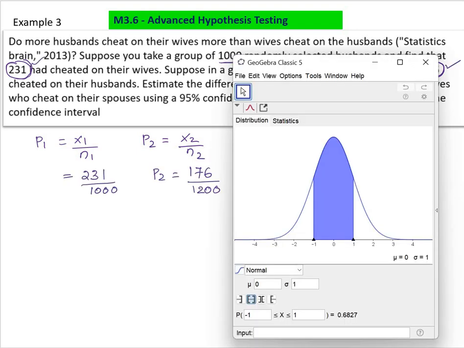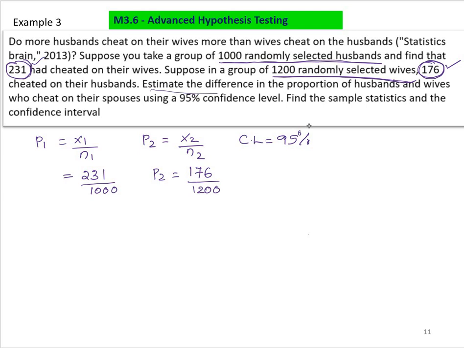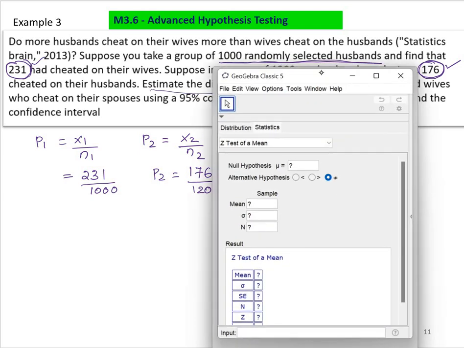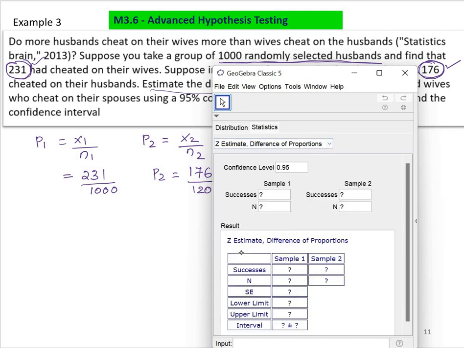Okay, so for that we need to take the GeoGebra, and there you have to take the statistics, then choose this one. So we want to find the estimate of the difference of proportions. Here the question says estimate the difference of proportions, so we want to take that one: Z estimate of difference of proportions.